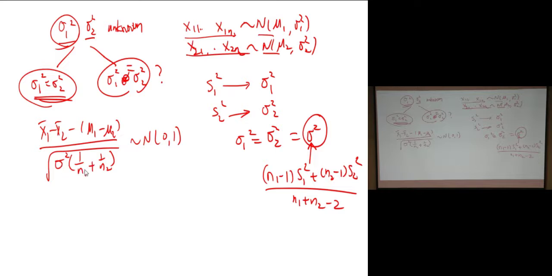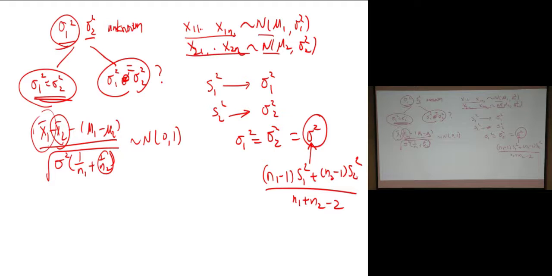Because sigma square over n1 is the variance of x1 bar, and sigma square over n2 is the variance of x2 bar. So we just divide by the square root of the variance of x1 bar minus x2 bar, so it's a standard normal.